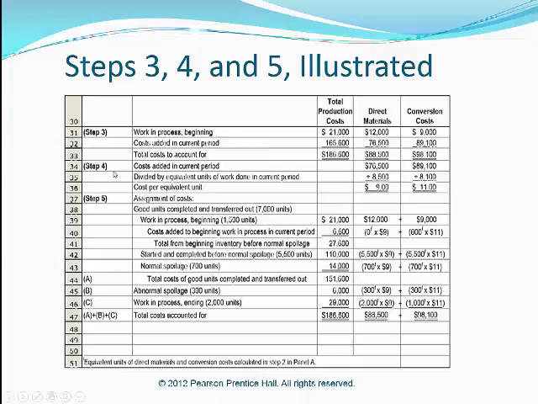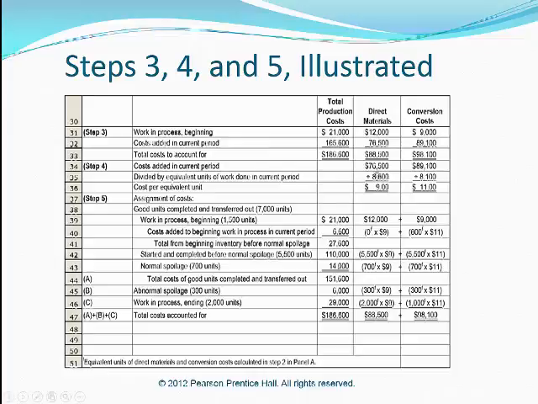Step 4, again, FIFO, it's a little bit different. We're only looking at our cost added in the current period. Ignore the beginning WIP numbers for this part in order to calculate cost per equivalent unit. 76,500 in this current period and 89,100 as to conversion in this current period.